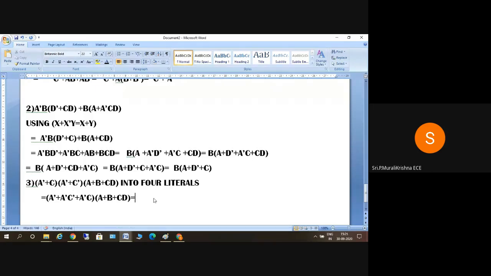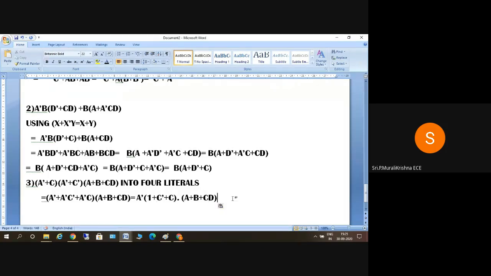Okay, next further simplification. So what is the further simplification possible there? I can take A bar as common. Okay, so A bar as common, what happens to us? A bar is common here, so 1 plus C bar plus C, 1 plus C bar plus C into this value.